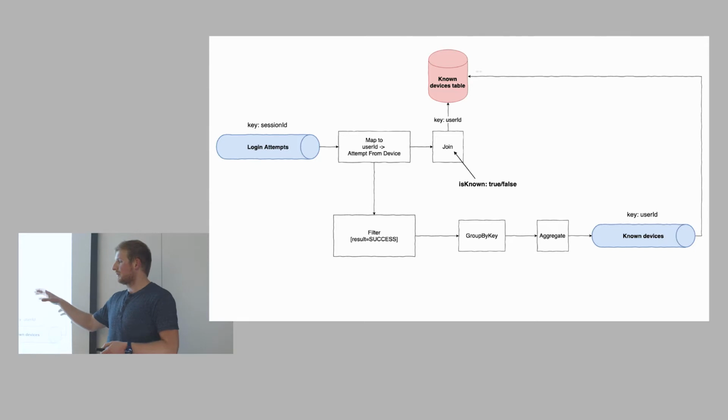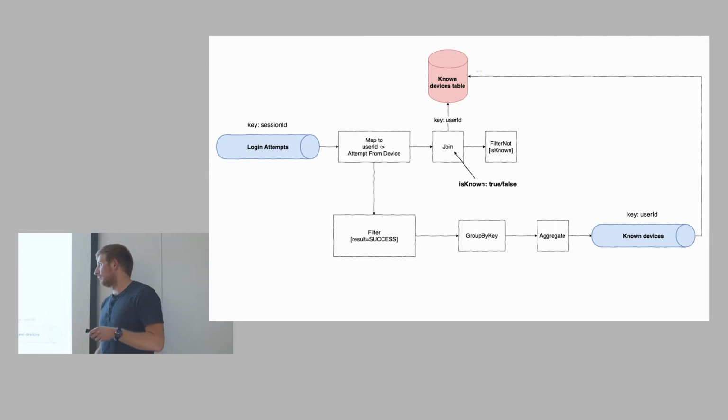So we are enriching our attempts from device object with an is known marker, and we put true as a value. But if the aggregate is not present for the given user, it means that there were no devices by that time, or the hash is not existent in the collection, we know that this is an unknown device.